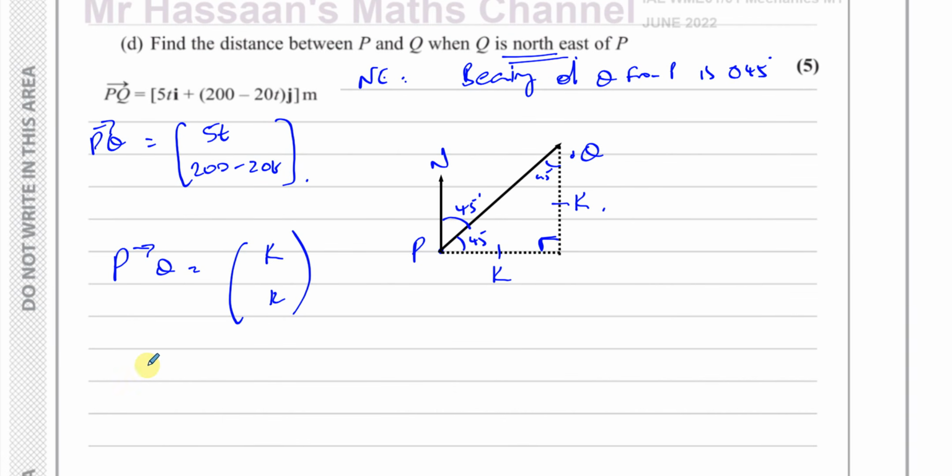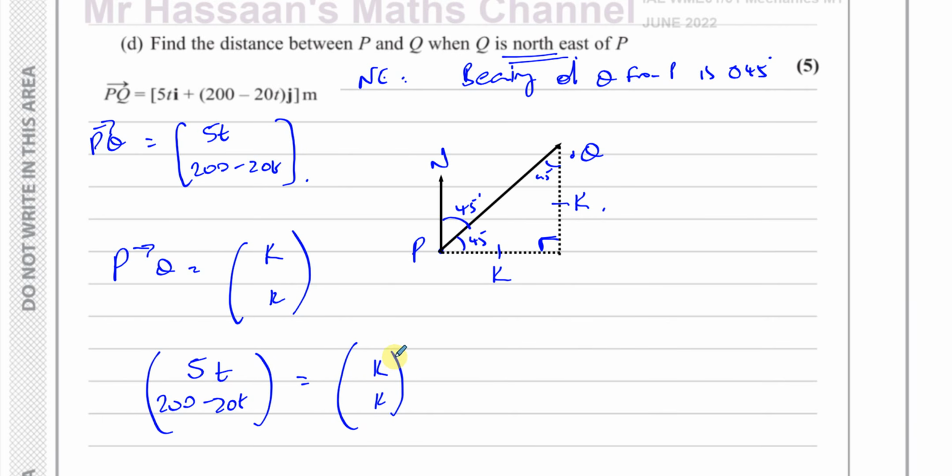And I know that P to Q is given by this vector, 5t, 200 minus 20t, so the two components must be equal to each other, the same length as each other.